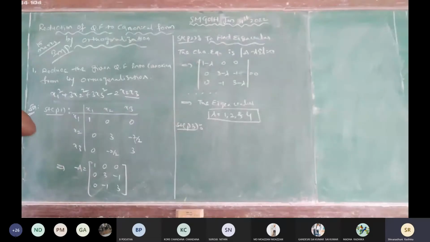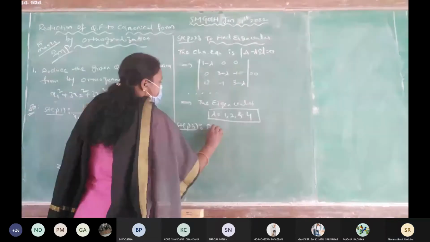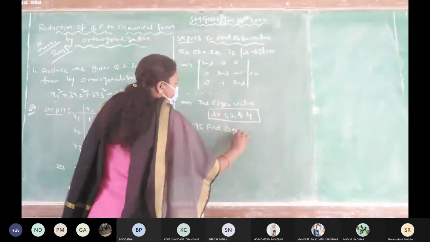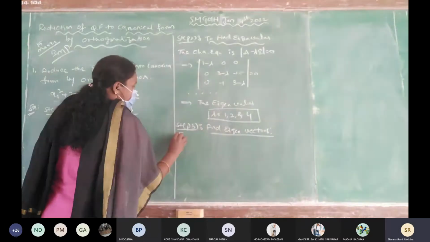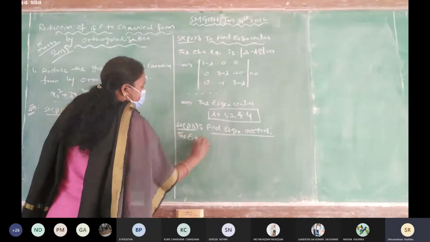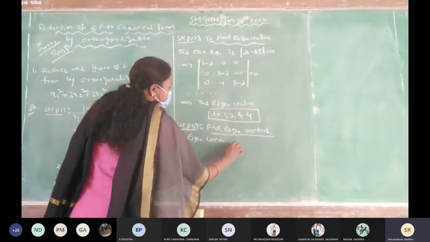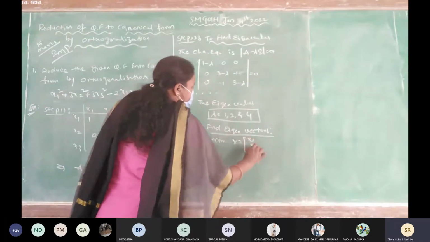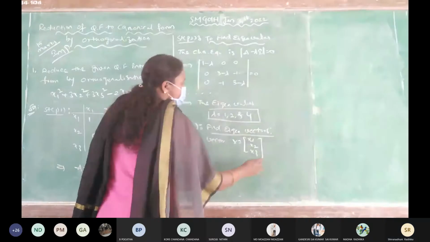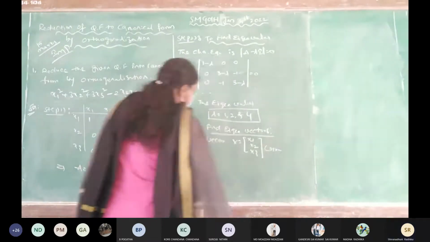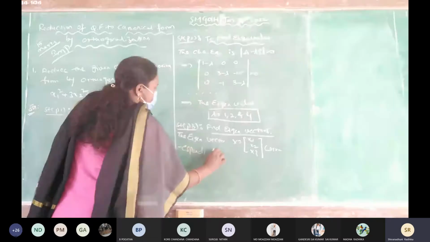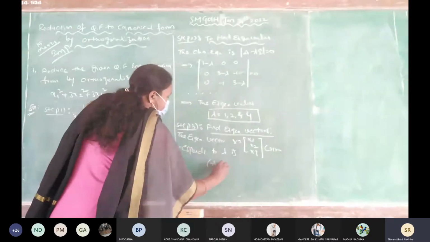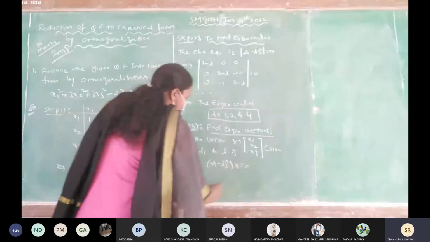What is step 3? Find eigenvectors. Are you clear? Now, the eigenvector X equals x1, x2, x3, which corresponds to lambda, is given by A minus lambda I into X equals 0.